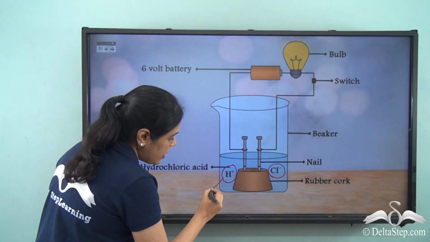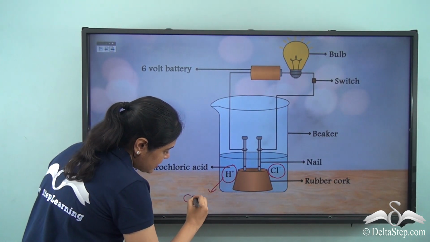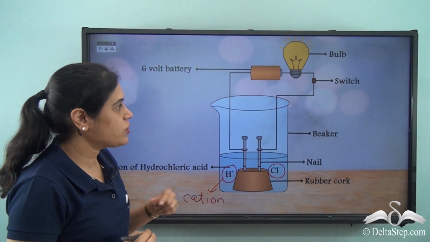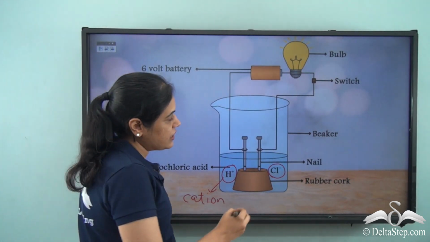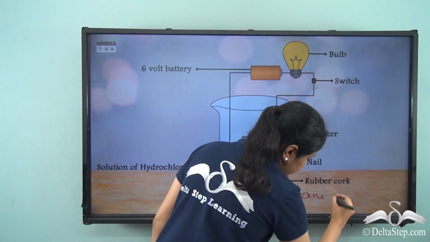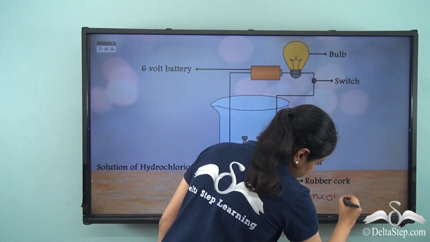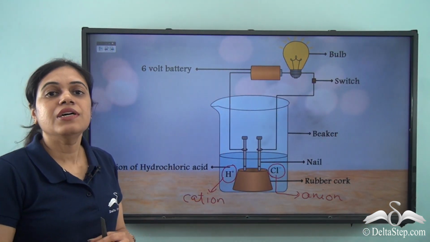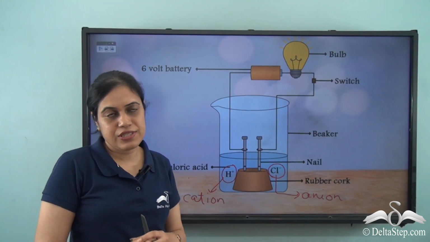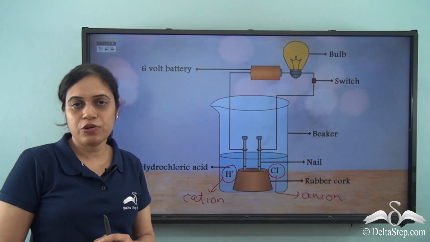Over here, the H plus ion acts as the cation, or the positively charged ion, and the Cl minus ion acts as the anion, that is the negatively charged ion, and these ions conduct electricity and make the bulb glow.